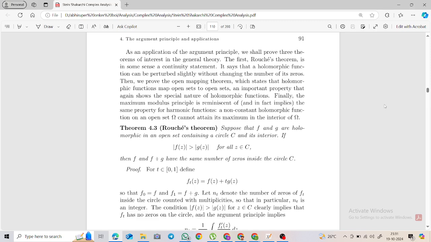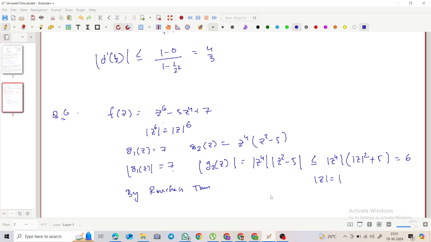This is, f and g are holomorphic on an open set containing the circle, and mod f z greater than or equal to mod g z. Then f and f plus g have the same number of zeros. So f has the same number of zeros as f plus g.